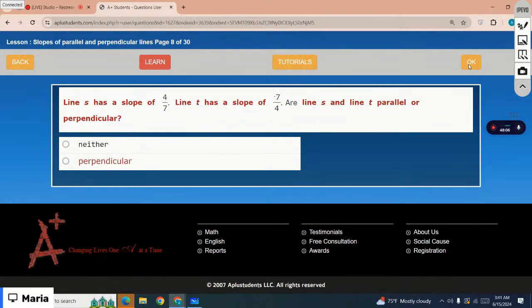The correct option is they are perpendicular. The correct option is perpendicular.